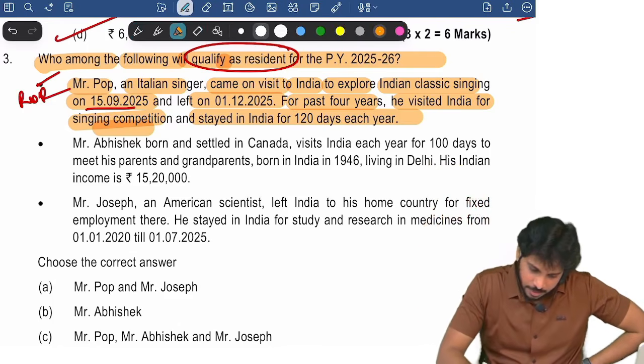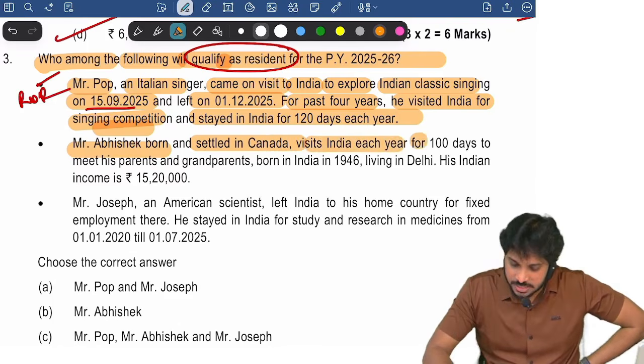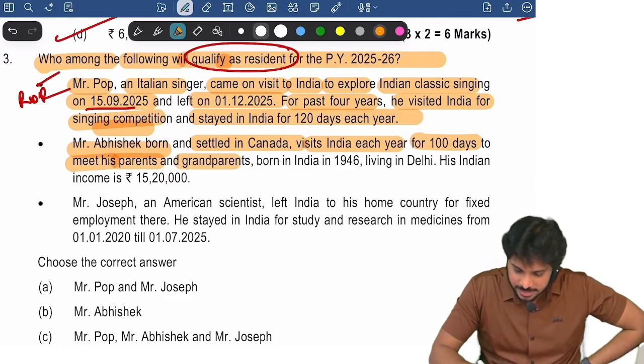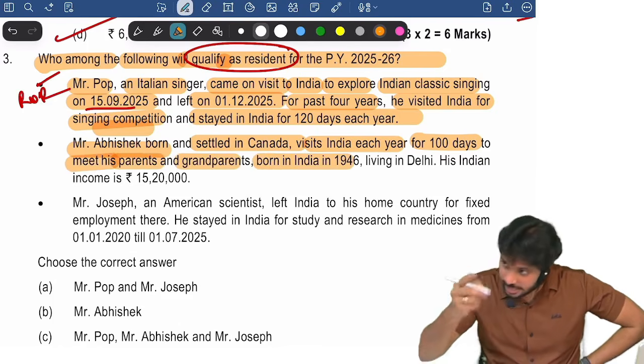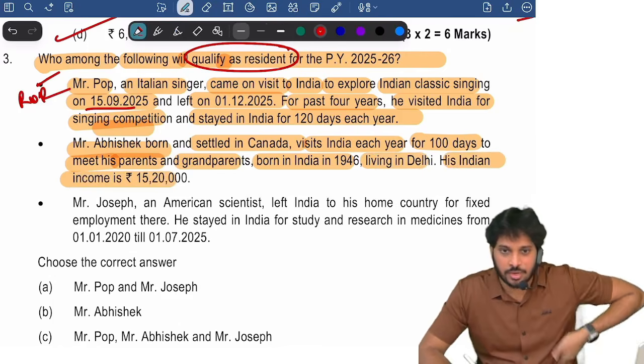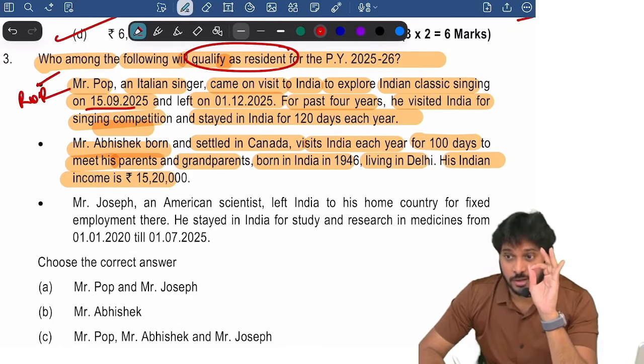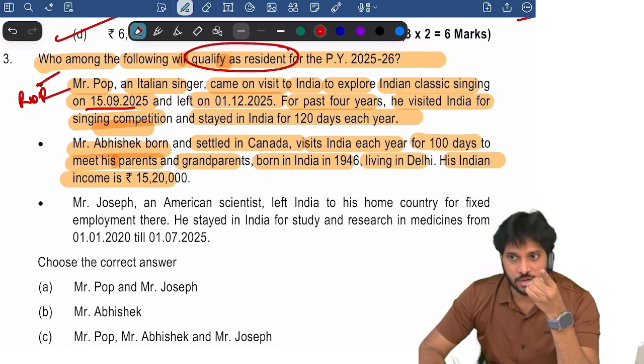Next, Mr. Abhishek, born and settled in Canada, means a Canadian citizen, visits India for 100 days to meet his parents and grandparents who are born in India, Indian origin, living in Delhi. His Indian income is 15,20,000. For a person of Indian origin or Indian citizen visiting India, generally for a visitor B2 we will not apply. 60 days or more, 365 days or more logic we will not apply.